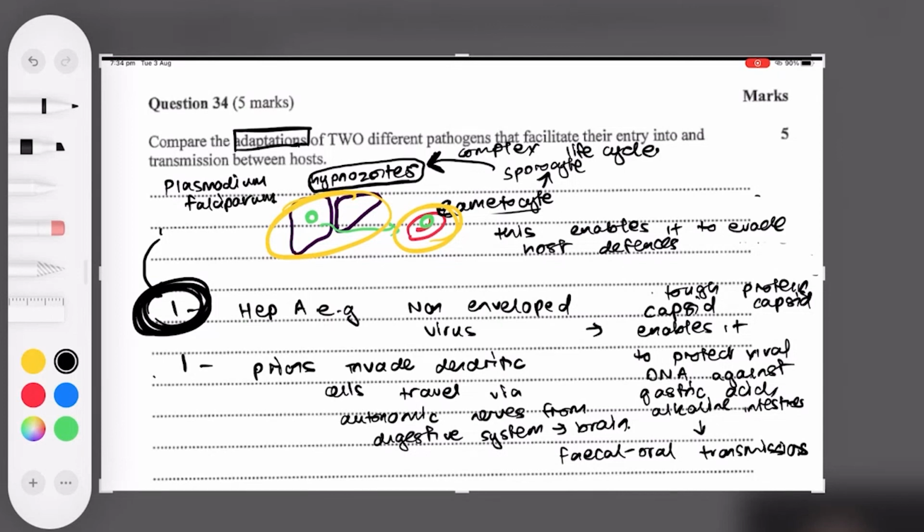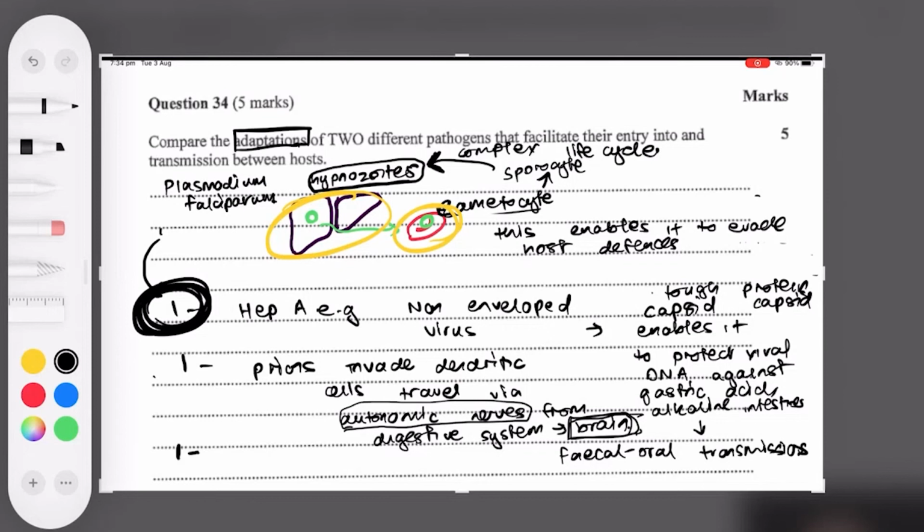That is all triggered by your autonomic nerves. The way I think of it is autonomic nerves serve automatic functions in the body, so your rest and digest and your fight and flight. Okay, so that's all that is. So those are the specific nerves that prions will invade to travel to the brain. And do you see how this is facilitating their transmission? Right, so that's one I have.